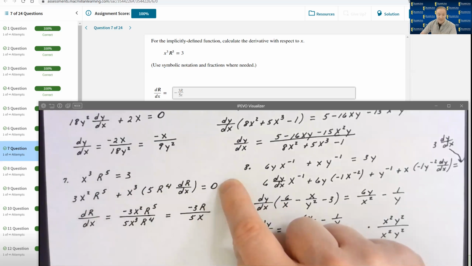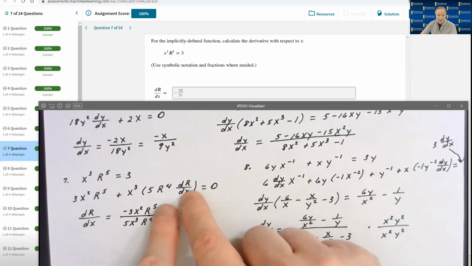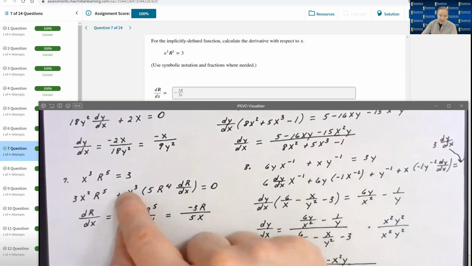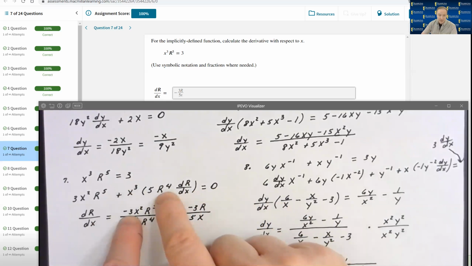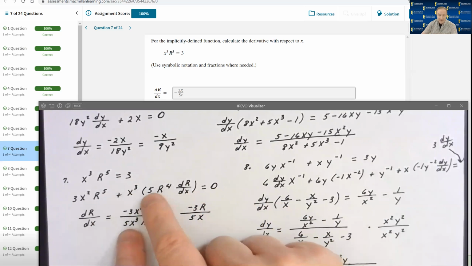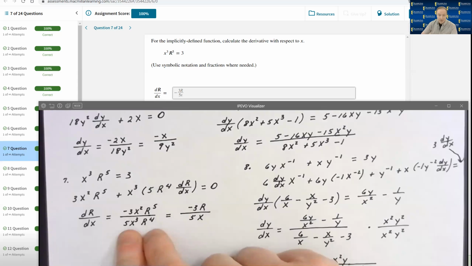Now I come down, I need to solve for dr/dx. So I can say, well, the 3x squared r to the fifth is going to move to the right and become negative. It then is divided by all of these terms that are multiplying dr/dx. So you'll see I have negative 3x squared r to the fifth divided by 5x cubed r to the fourth.